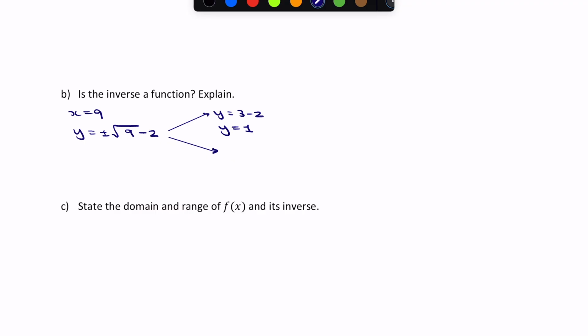So when x is equal to 9, y can be either equal to 1 or negative 5. So here, multiple y values.